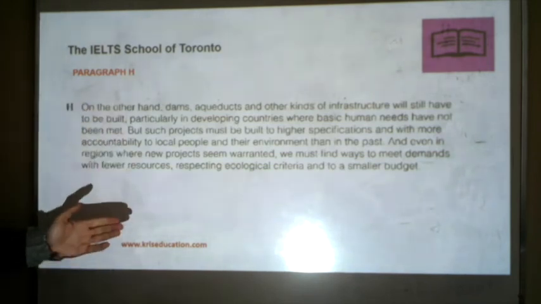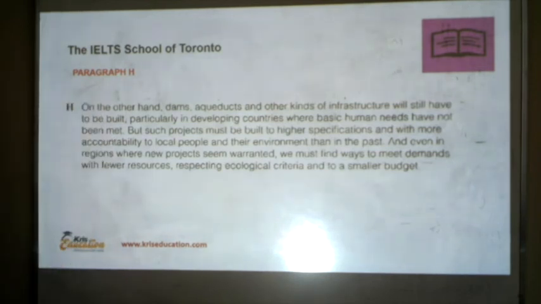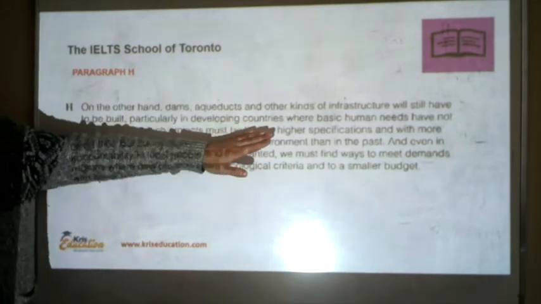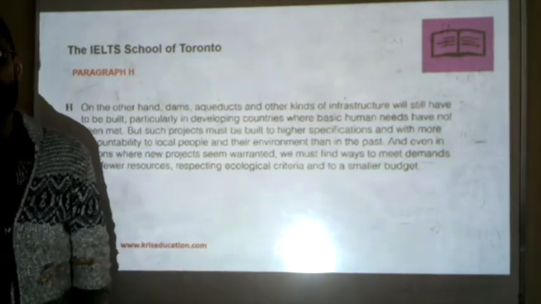And the very last heading that we are completing together is paragraph H. So again, I'll give you a very brief moment. I want you to read the first sentence only, not the second sentence, and ask yourself, what is this paragraph about?